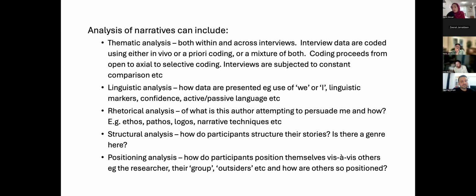Bill has the same view of how listeners shape what tellers tell. So we need to be highly reflective about what positioning work participants are engaging in when they talk to us because of who we are, and we don't have a lot of control over that, but it can be quite evident.